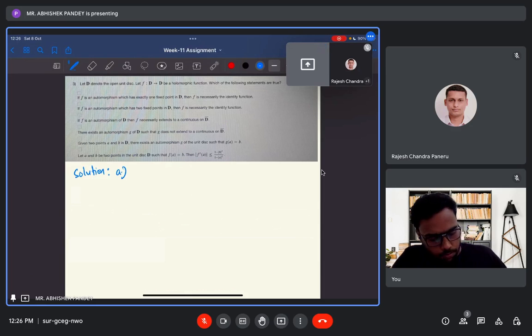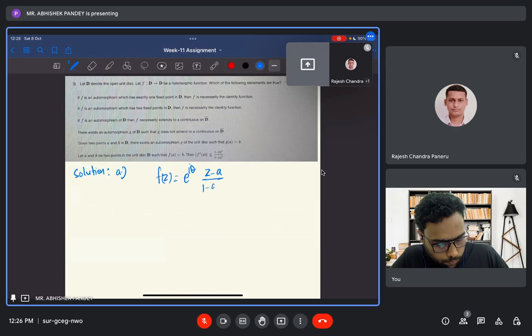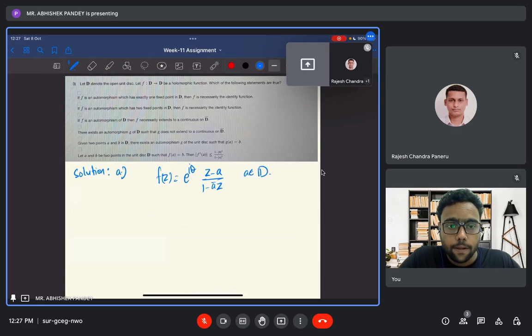One thing you observe, this you have seen: all the automorphisms of the unit disk have this form.